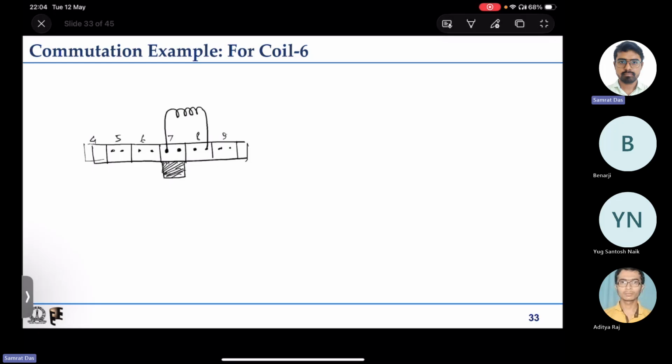What about the 6th coil? This is the 6th coil, right? What about the 8th coil? This is the 8th coil. This is the 9th coil. Just to indicate a few more, this is this coil. I think this much is enough.